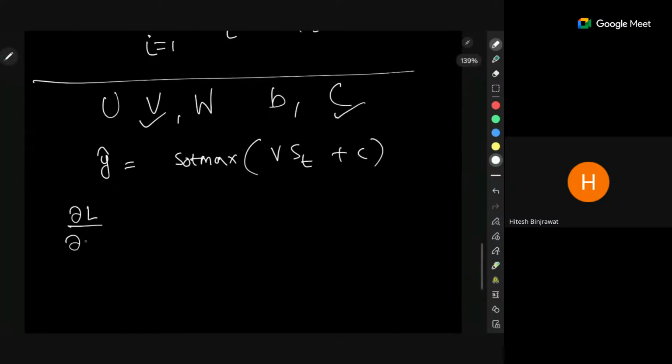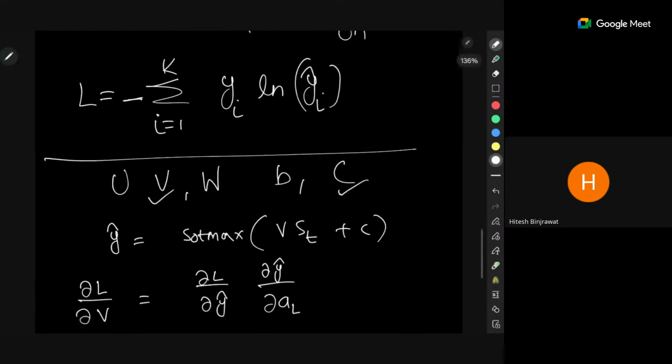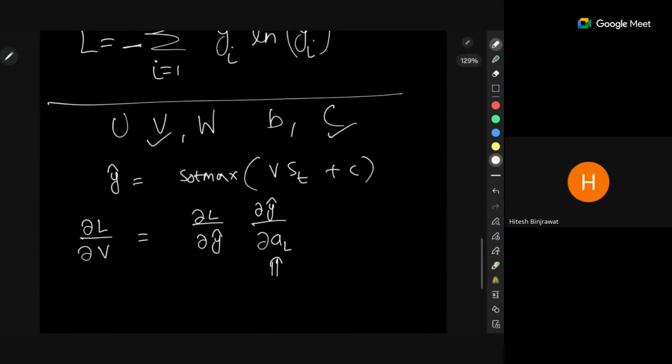If I do dL by dV, then it will be loss with respect to Y hat, then Y hat with respect to that summation. The internal summation we call the pre-activation, and then AL with respect to V, right? So these three terms will come. The summation is what I'm calling AL.